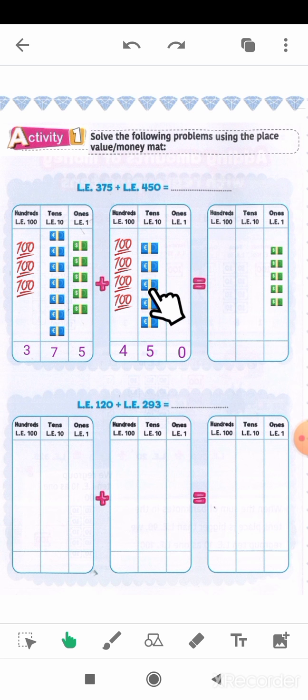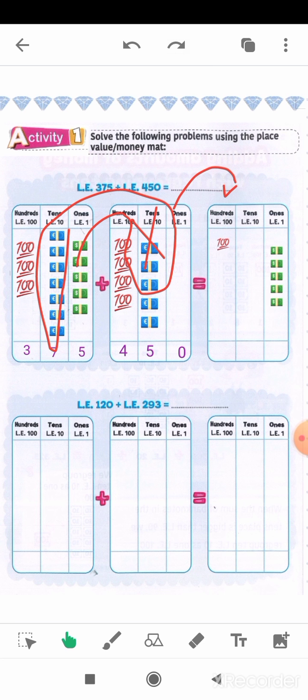Stop. When I see 10 or more, circle 10, cross and move. So it will be 100, and the rest is 2, so we have 2 tens. Now hundreds plus hundreds: 1, 2, 3, 4, 5, 6, 7, so we have 7 here.